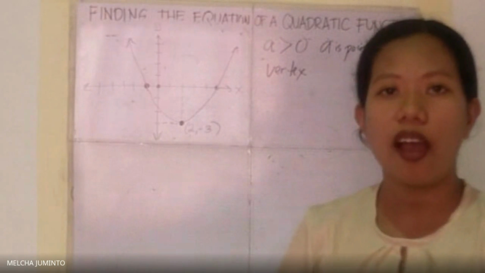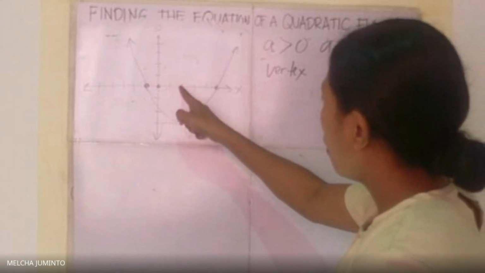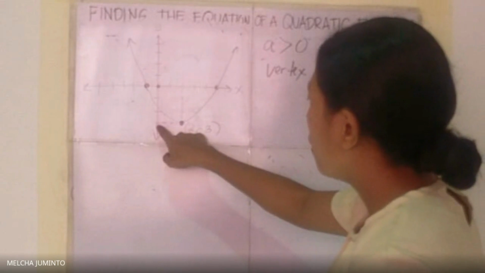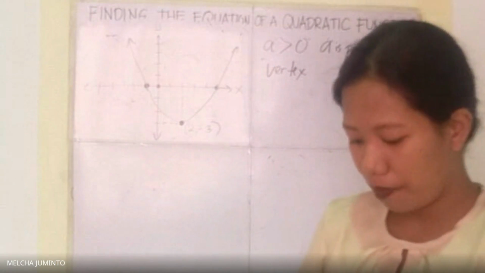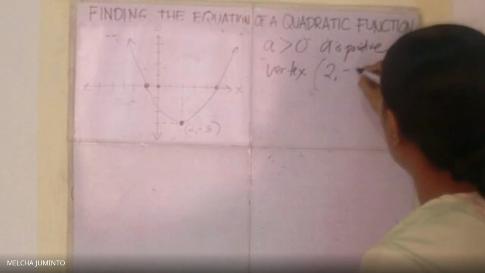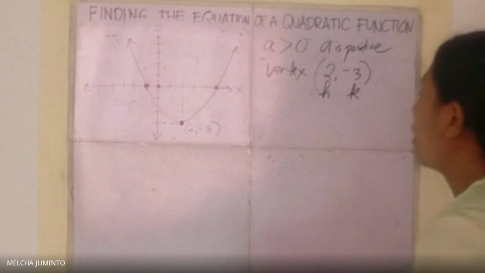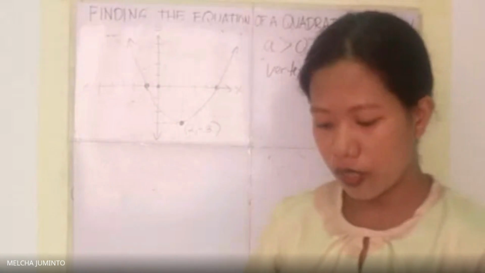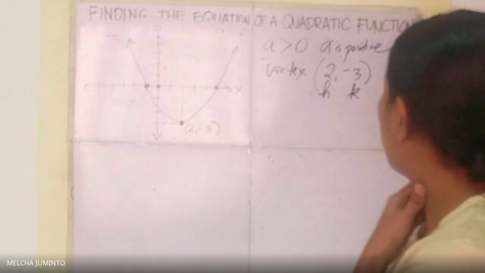Again, the first number in the point is x, which corresponds to 2, and then for y, -3. Therefore, the vertex is (2, -3). Take note that this is h and this is k. h is the first number, and k is the second number.